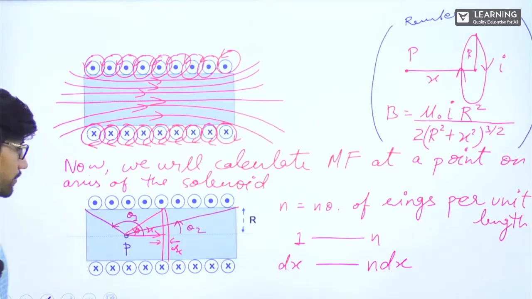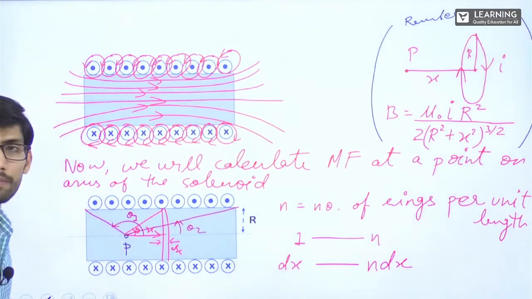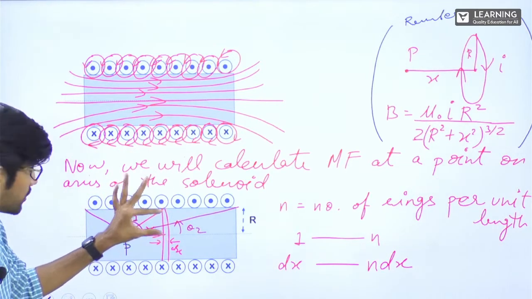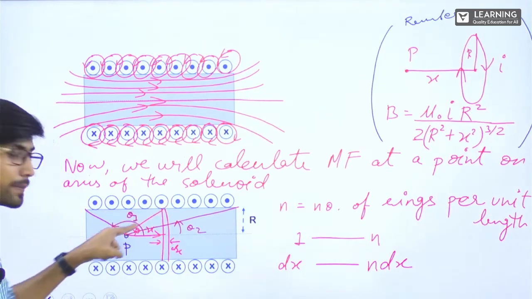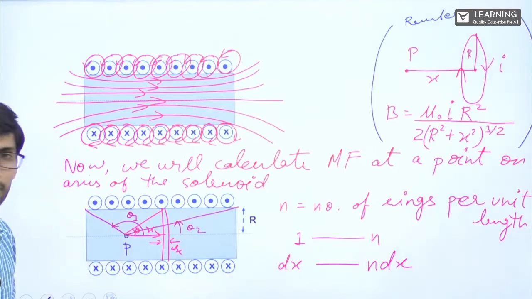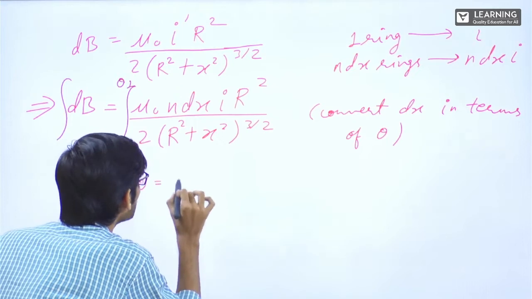See this particular diagram. This is x from here till here. This vertical is r, the radius. And this is theta, the first angle which we took, the random angle, right? From here I can write tan theta is equal to r by x.